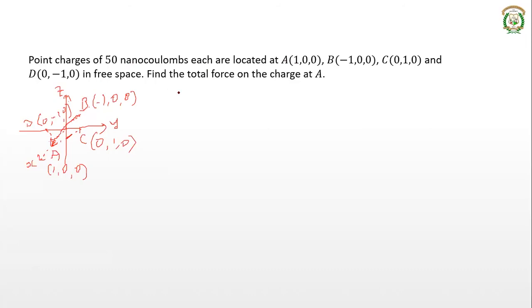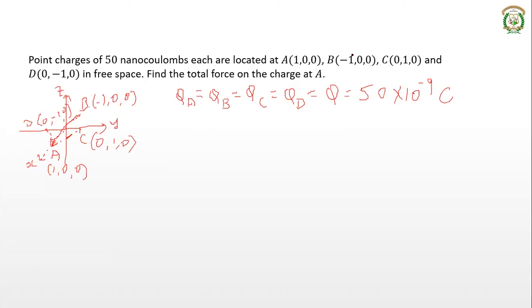All the charges are equal, and the notations are not mentioned, so let us take QA equal to QB equal to QC equal to QD, all equal to Q, that is 50 nanocoulombs, which is 50 into 10 raised to minus 9 coulombs.